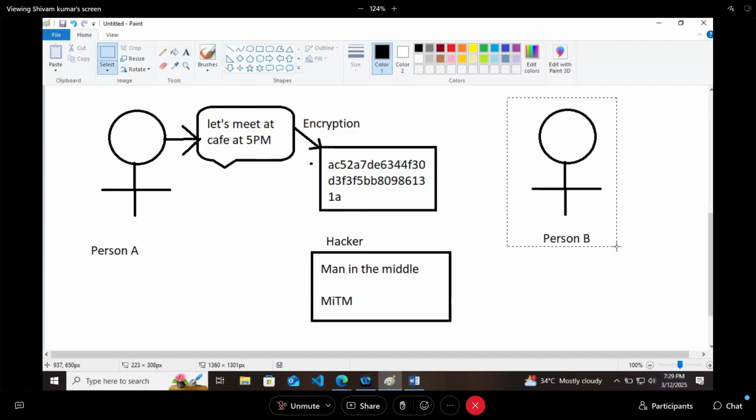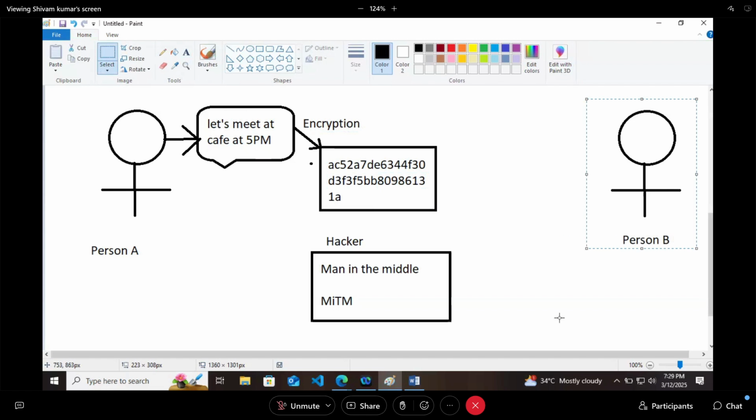Now person B is also a human being. He or she can't read that text. Now because there is the same software, if they are using WhatsApp, person B is also using WhatsApp, that message will be converted to plain text again. So this was a solution that they decided in starting.